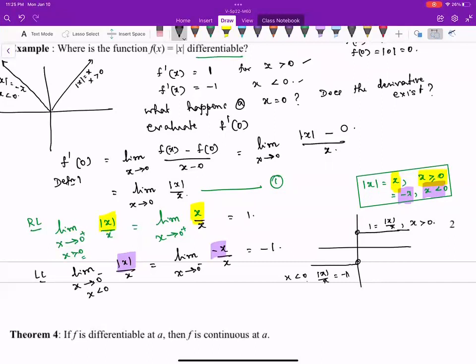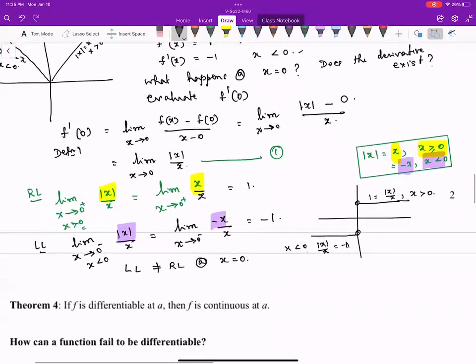All right. So the right limit and the left limit are not equal. So f prime 0, which is the limit as x approaches 0 of absolute x over x, does not exist.